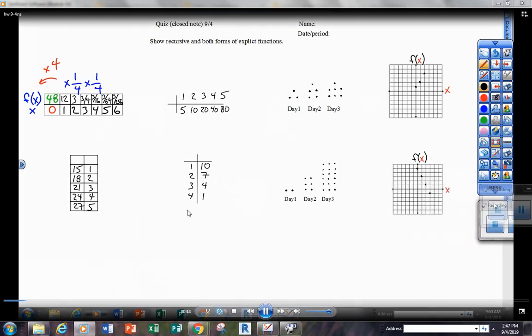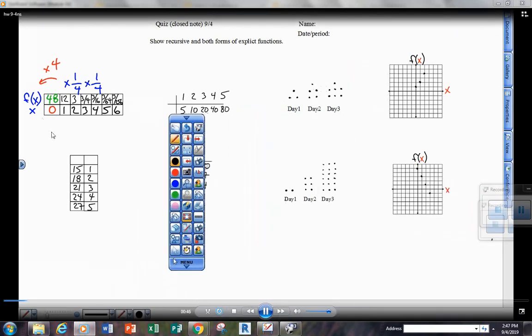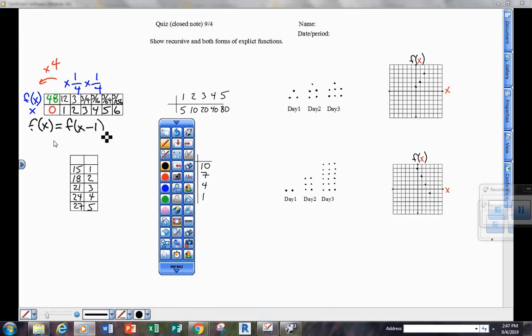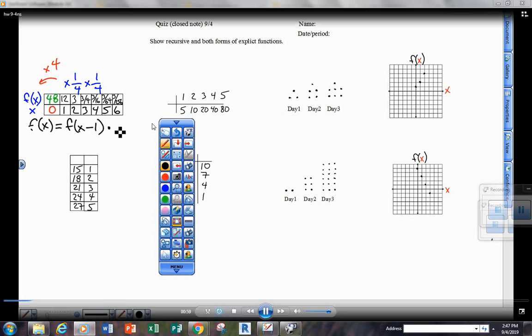The first one is, of course, the recursive form. So the recursive form, in its generic form, is f of x equals f of x minus 1 times r for this problem, because this is geometric. But for your answer, I didn't want that r there. I wanted you to replace that with the actual common ratio number.